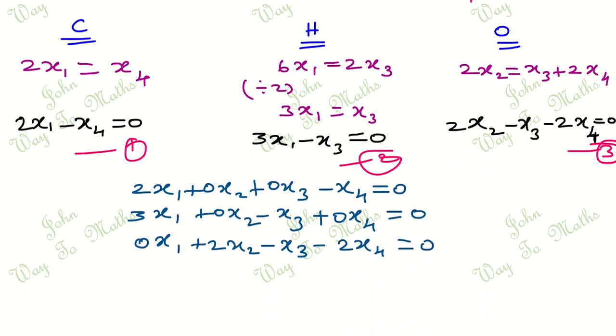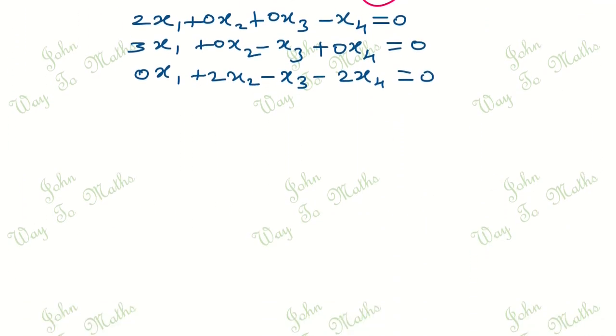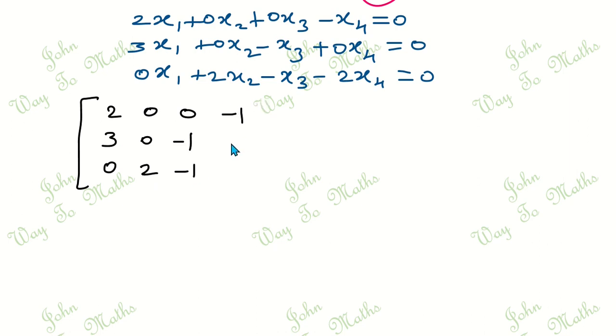So these equations can be written in the form of a matrix. First, the coefficient of x1 becomes 2 3 0. Then the coefficient of x2 becomes 0 0 2. Coefficient of x3 becomes 0 minus 1 minus 1. Then the coefficient of x4 becomes minus 1 0 minus 2.